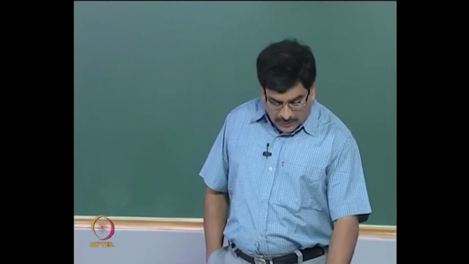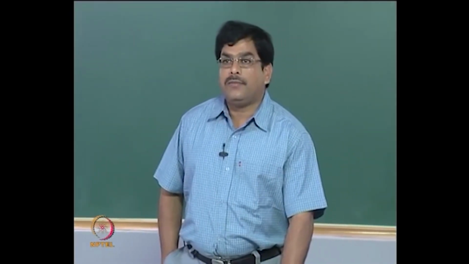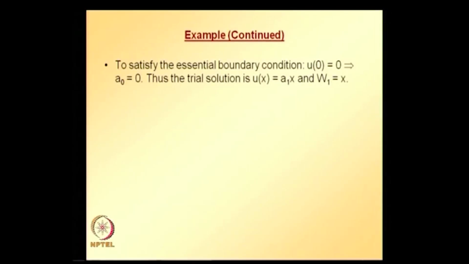So what is the essential boundary condition that is given here? u evaluated at x is equal to 0. So to satisfy the essential boundary condition, u evaluated at x is equal to 0 is 0. If you substitute that condition, it results in a naught equal to 0. So the trial solution becomes u is equal to a1x.